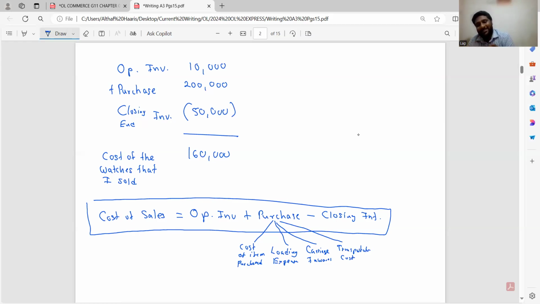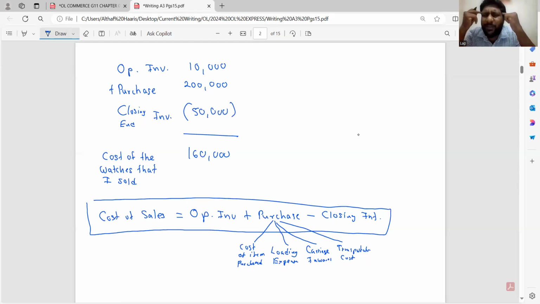So simple one: opening inventory plus purchase minus closing inventory. But purchase cost will change. Cost of the goods, cost of the loading, carriage inwards, goods transportation from that particular place to my company. Everything should be considered when you are doing a calculation.